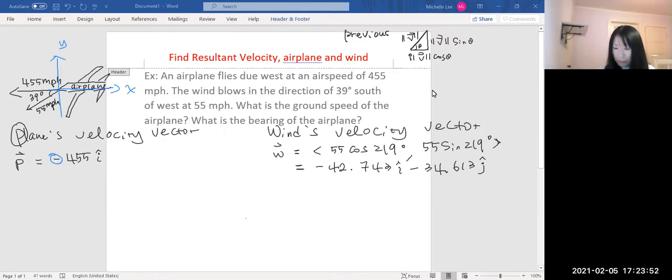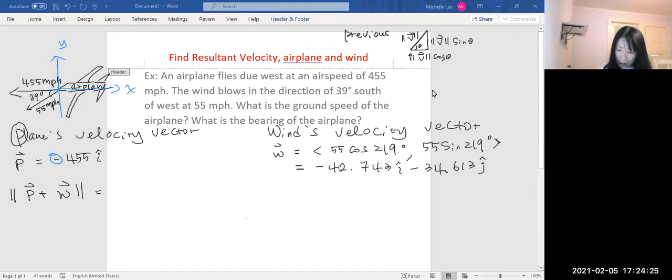Here we're going to find the magnitude. Maybe we can do it directly to save time. We find the magnitude of P plus the vector W, and we get the ground speed of the airplane.